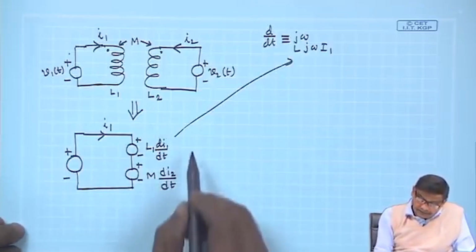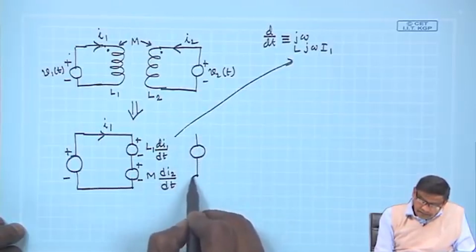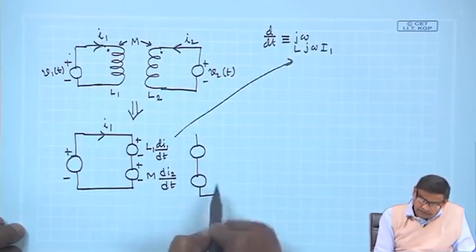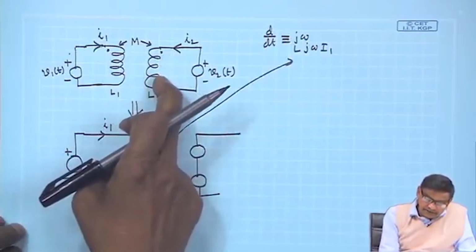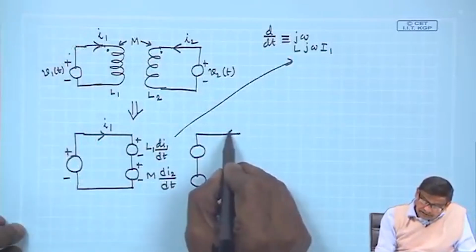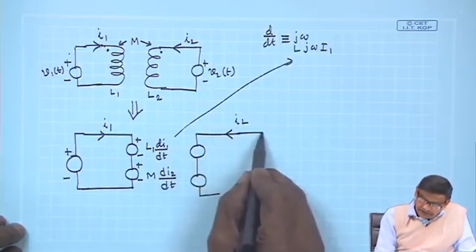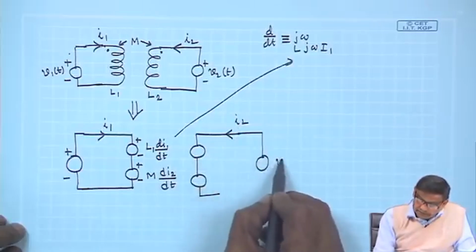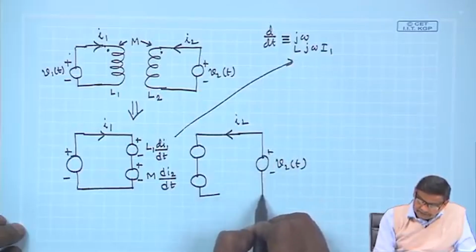Polarity is like this. Similarly, for the second coil, there will be 2 sources, because between these 2 points self inductance exists and it has got a coupling with the first coil. So far as I2 is this direction and this is your supply voltage, mind you, V2 plus minus.